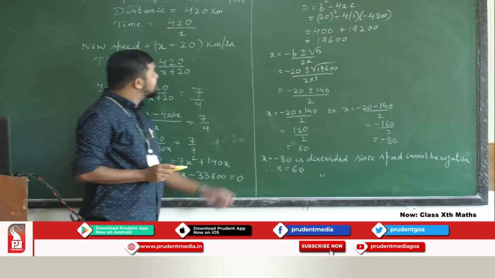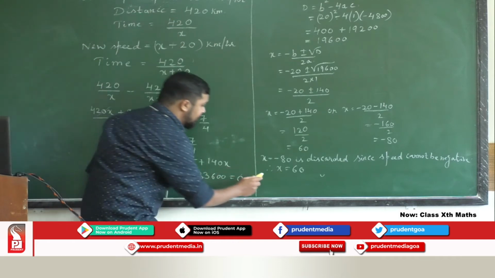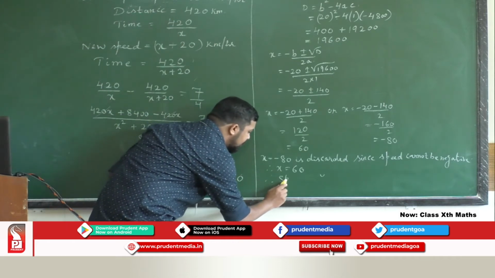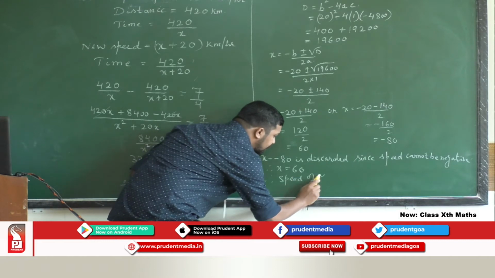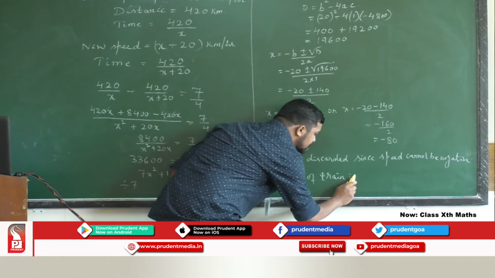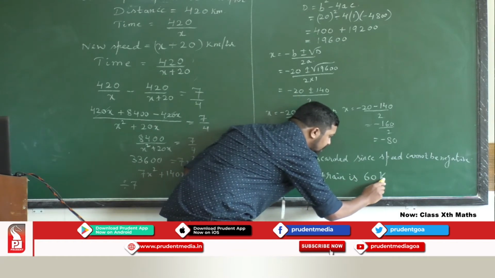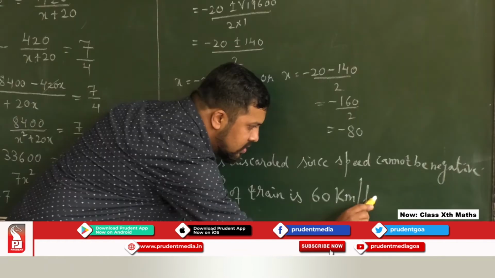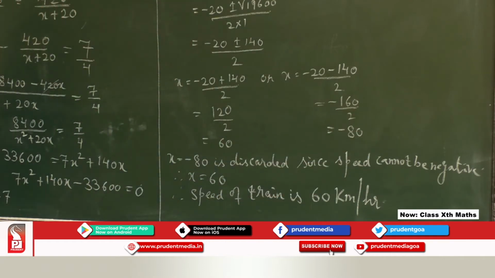Now, who is that x? x is the speed of the train. So, therefore, the speed of the train is 60 kilometer per hour.